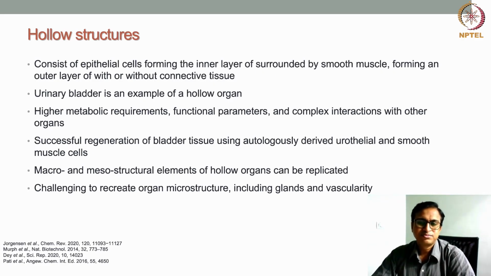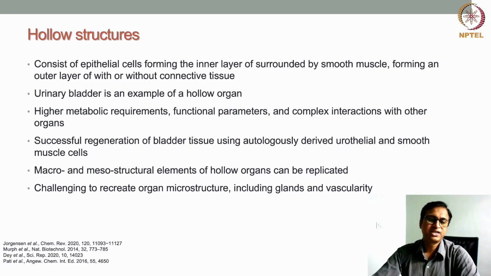But there has been successful regeneration of bladder tissue using autologously derived urothelial and smooth muscle cells. This kind of work has actually been done.